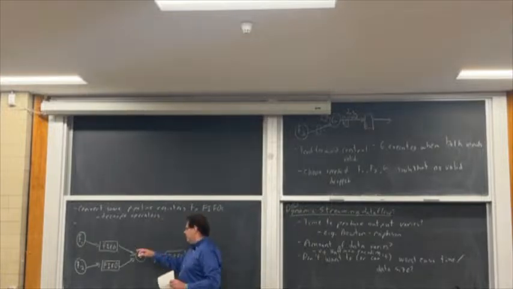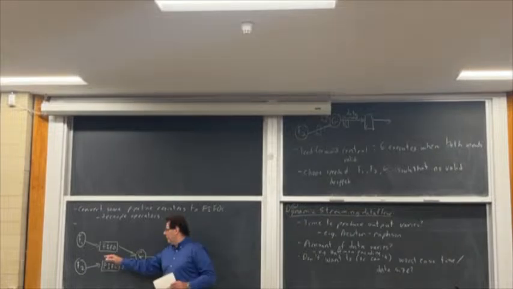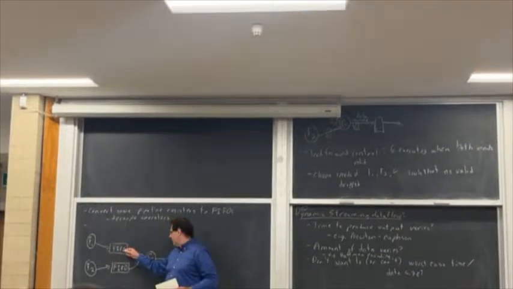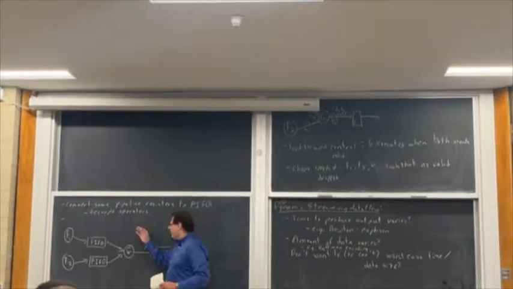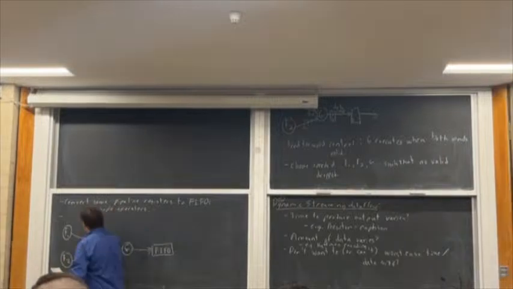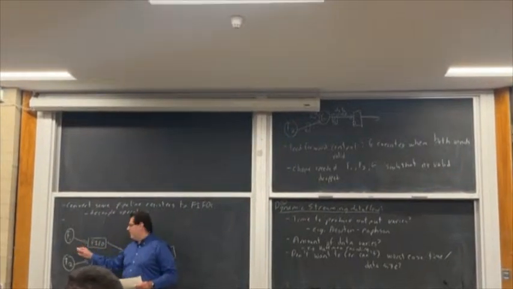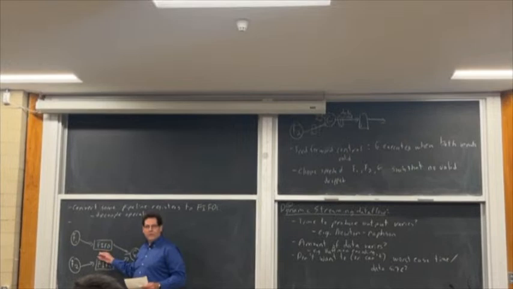So I can now tolerate some imbalance: this produces a big burst of data, this can absorb that data, and G can gradually work on it. But I already told you, if we can't bound this, and that could happen over and over again, eventually this buffer is going to overflow. So it's not a full solution.